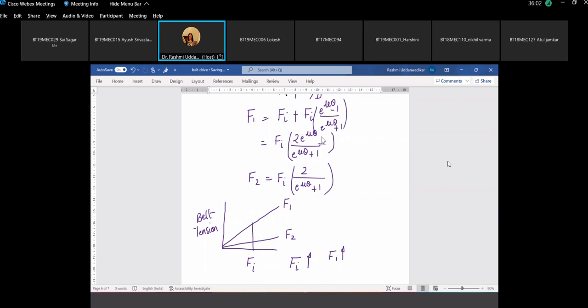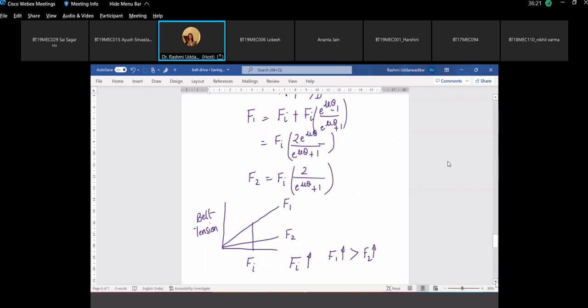And we know that e raised to mu theta is always a term greater than 1. You will normally get a value 2, 2.2, 2.3 or 3, 3.1 depending upon mu and theta. And so the increase in F1 is always greater than increase in F2.